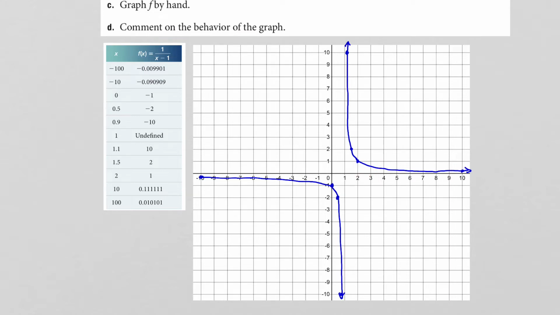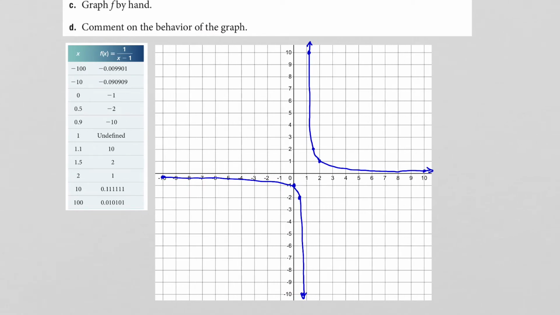As the x values get closer to 1 on the right side, the function values are getting larger and larger. So they're actually going to infinity, and as x gets closer to 1 on the left-hand side, you'll see that the function values are going to negative infinity. This behavior that you see here is called asymptotic behavior.